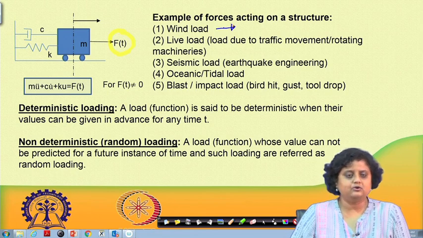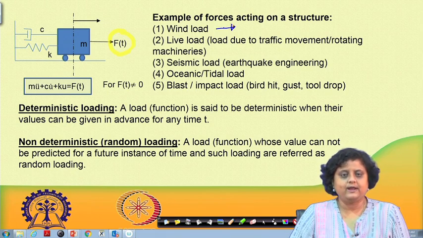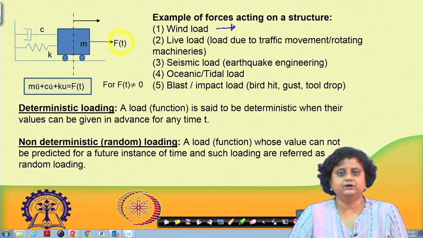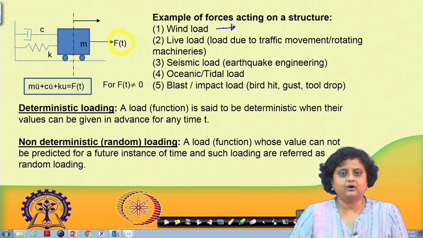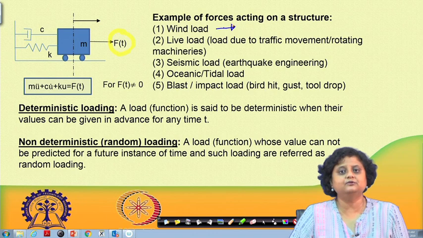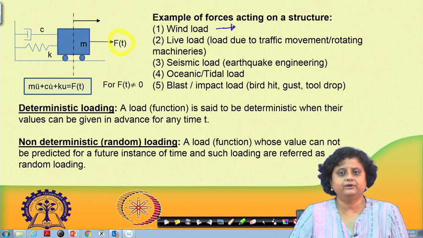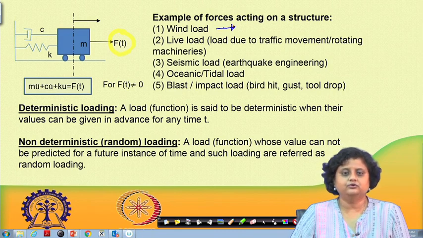And in non-deterministic load, we actually do not know what the load would be at a future time instant. A classical example of non-deterministic load is the seismic or earthquake load. We really do not know at the next time instant what the amplitude of the load is going to be.